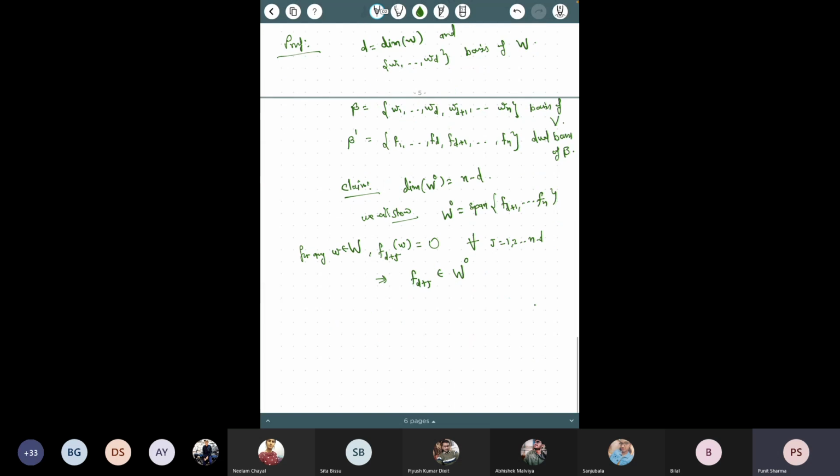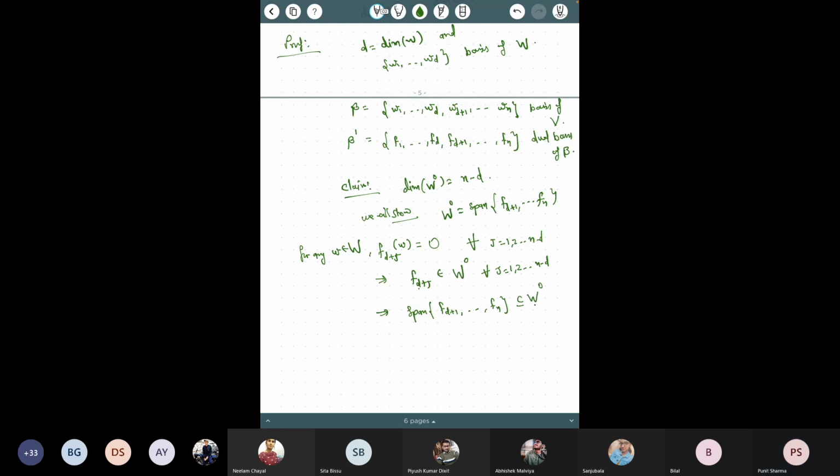If each of these functions f_{d+j}, from j equal to 1 to n minus d, belong to the W annihilator, can we say that their span also belongs to W annihilator? Yes, sir. Why? Because W naught is a subspace. These are elements, so their span would also be there. So this implies that the span of f_{d+1} to f_n is a subset of W naught.